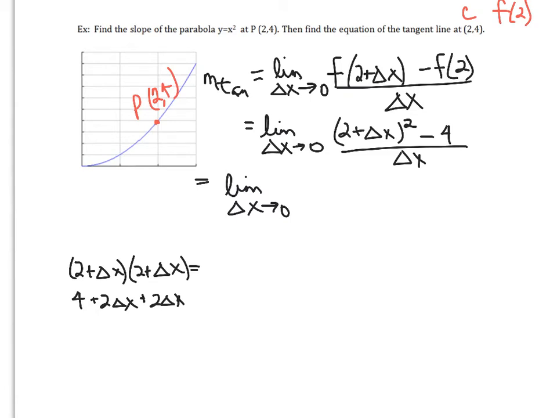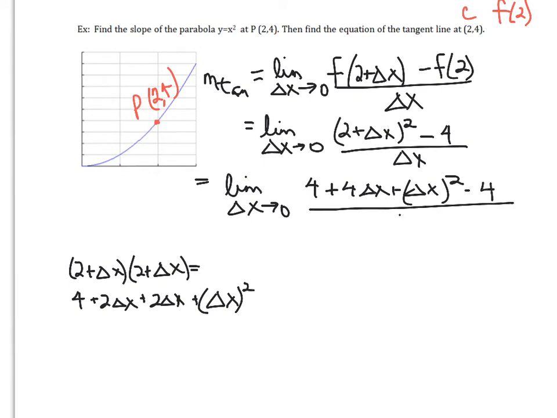Delta x times delta x, again thinking of delta x as just a quantity, a distance, that delta x, the whole thing has to be delta x squared. So my numerator is going to be 4 plus 4 delta x plus delta x squared, minus that number 4 that was also in my numerator, all divided by delta x.